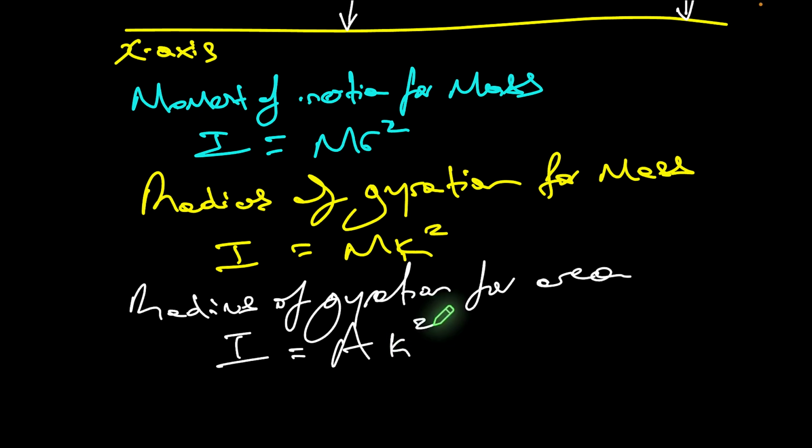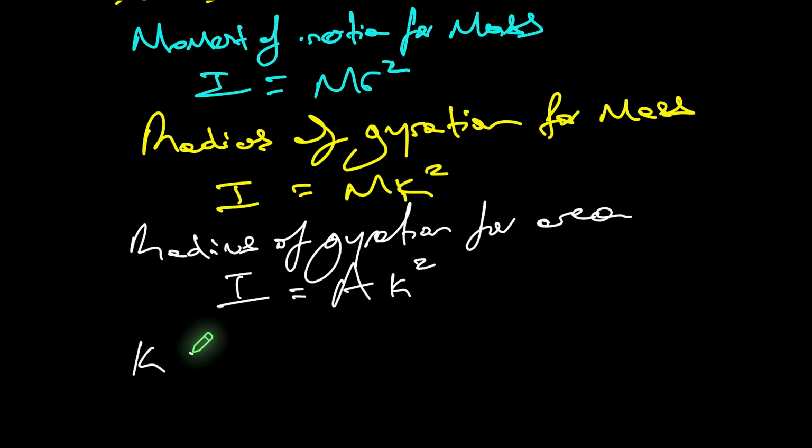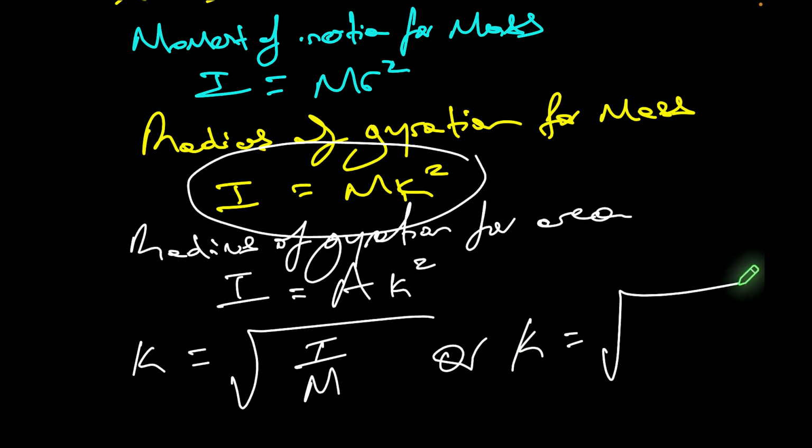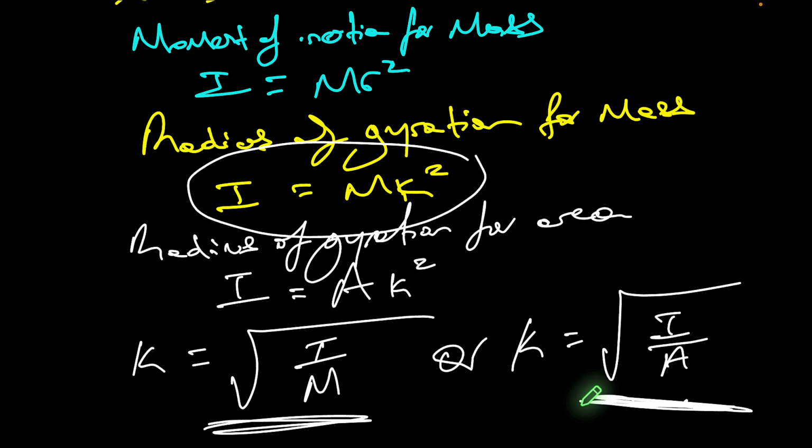In both cases, the radius of gyration is a square root. If we rearrange this formula, the radius of gyration for mass would be k equals the square root of the inertia divided by m. And for area, it's very similar: k equals the square root of I over a, inertia divided by area. So depending on whether you're dealing with mass or area, that determines which of these you would use to find the radius of gyration.